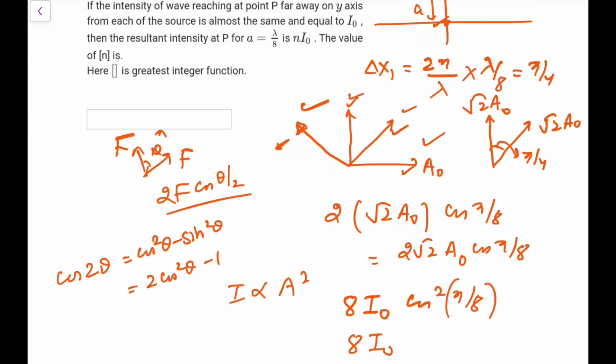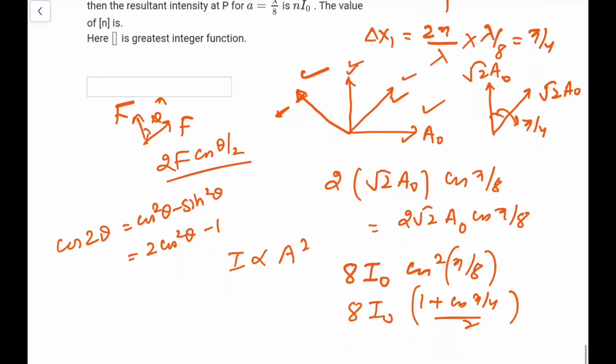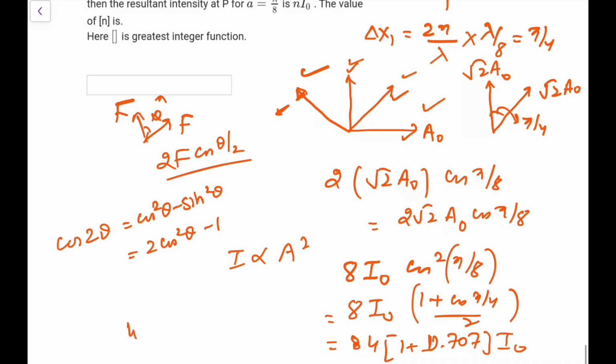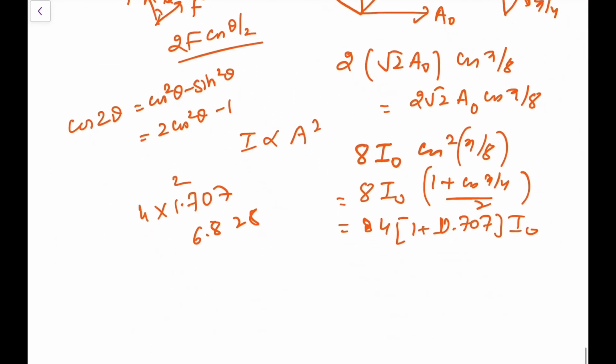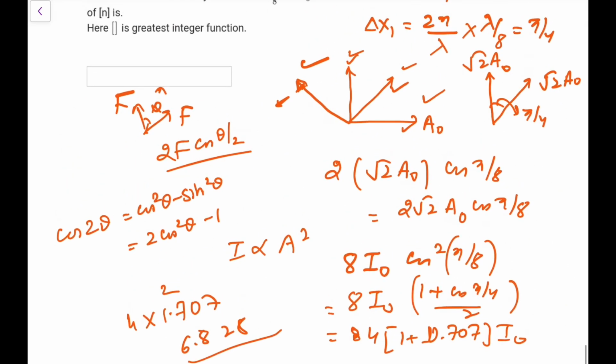So cos square theta would be 1 plus cos 2 theta by 2. So 1 plus cos of pi by 4 by 2. So you are left with 8 by 2 is 4 into 1 plus 1 by root 2, which is 0.707, into I naught. So 4 into 1.707 is 6.828. So the greatest integer function would be 6, I suppose. So the answer as per me should be 6.